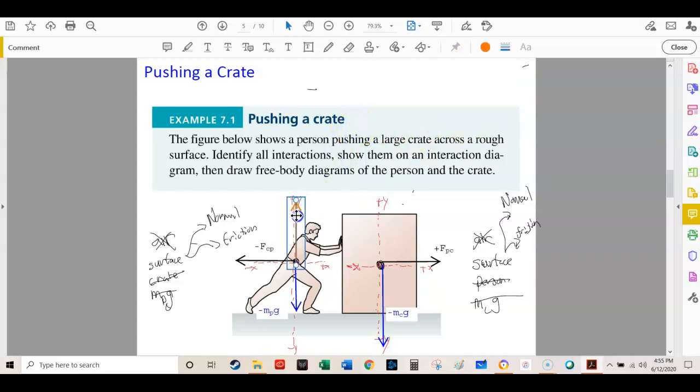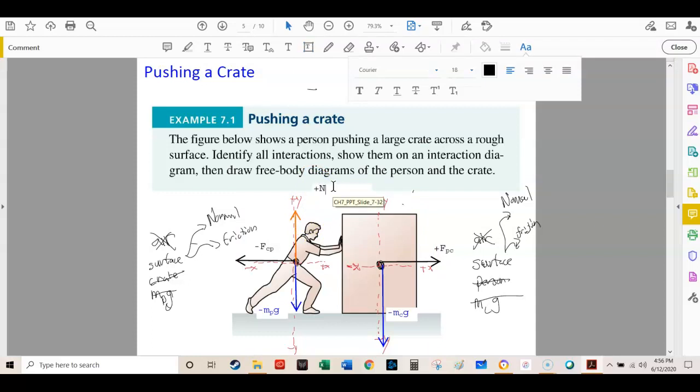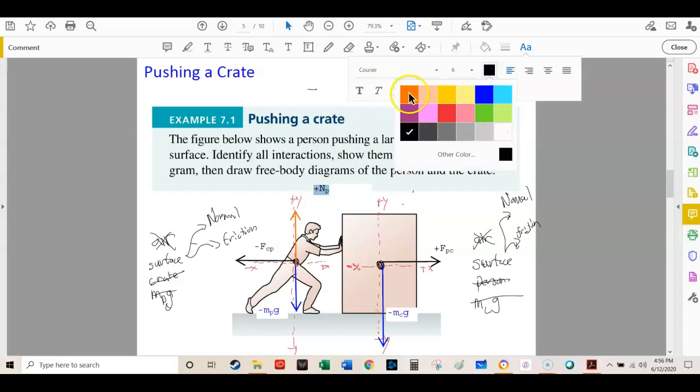So the normal force is, again, going to be equal to the weight vector, right? Unless the person's accelerating up or down, that force is going to be equal. So this is going to be the normal force, and it'll be upwards due to the person. That part is going to be subscripted, and this whole thing is going to be orange.